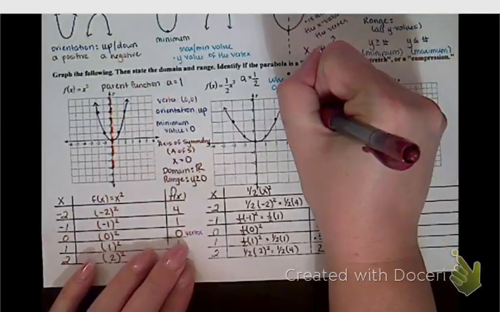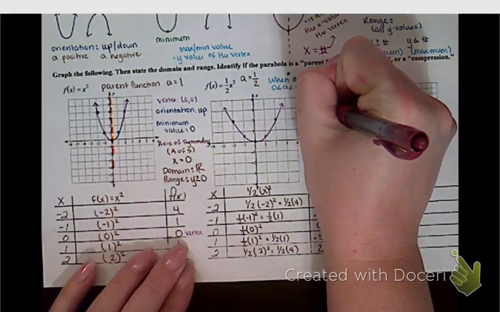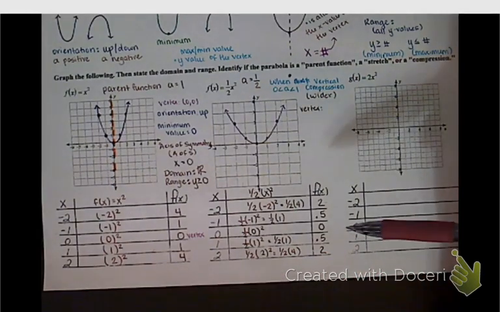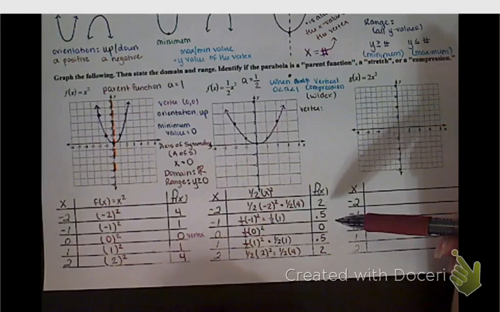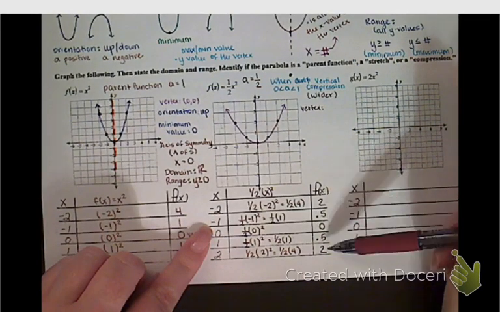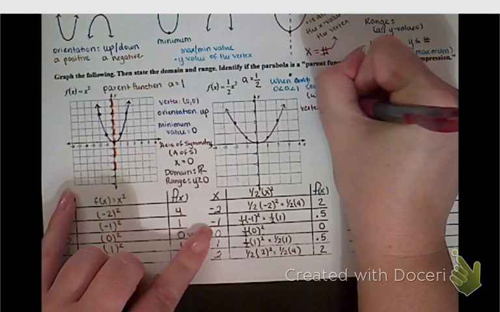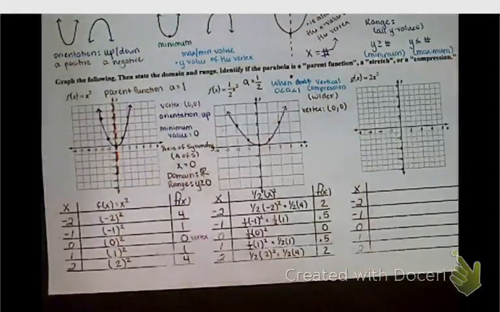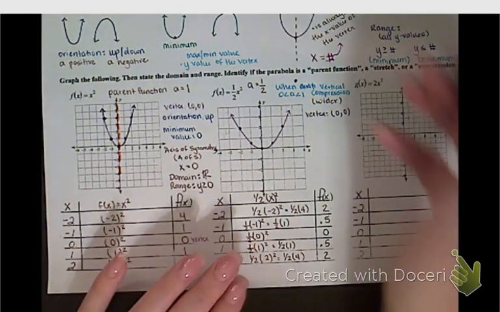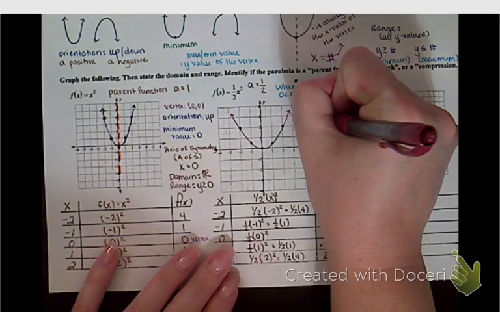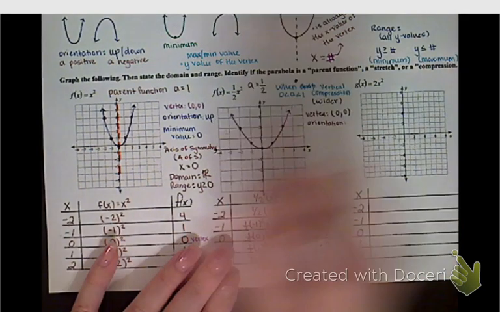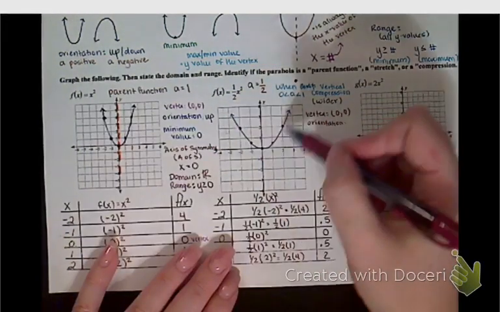Okay, let's identify the vertex. If I look down at my table, remember my vertex is going to have symmetry on both sides of it. So if I look at 0, 0, I have a 0.5, 0.5, and a 2, 2. So that tells me my vertex is at 0, 0. The orientation of my graph is up.